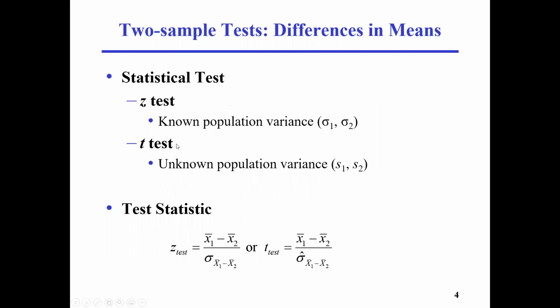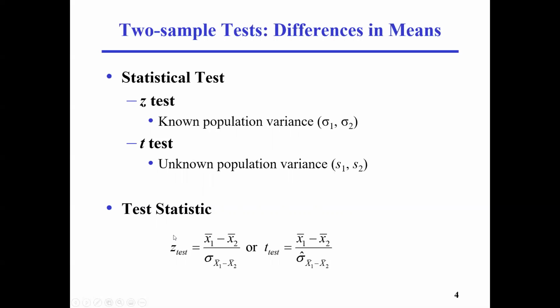We're still going to do a t-test or z-test. If we know population variances, we use the standard deviations of population 1 and population 2 to do a z-test. If we don't know them, we use the standard deviations of the two samples to do a t-test.